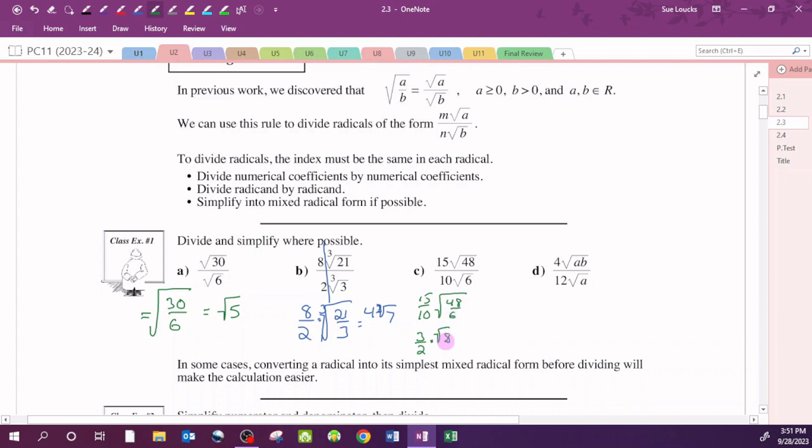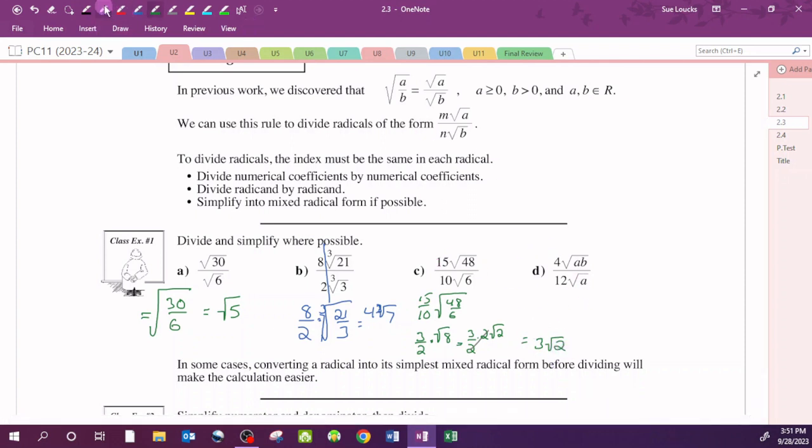And now I need to simplify the square root of 8. So this is going to be 3 over 2 times 2 root 2, because I've reduced the square root of 8 a bunch of times, and I just know what that is. And these 2's cancel out. My good old cross reducing. So this equals 3 times the square root of 2. Okay, that's the answer for that one.